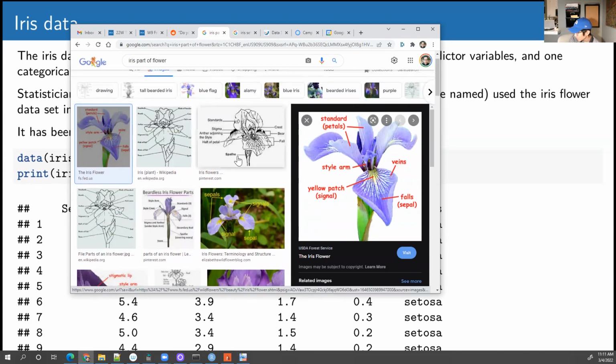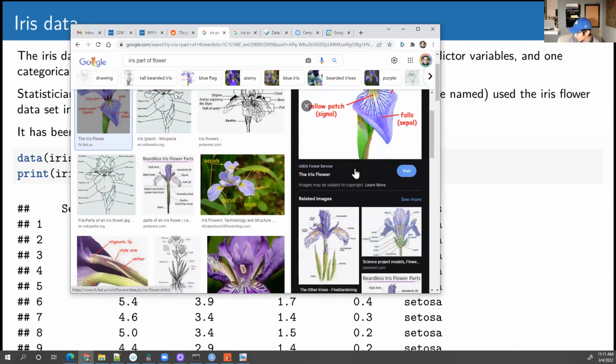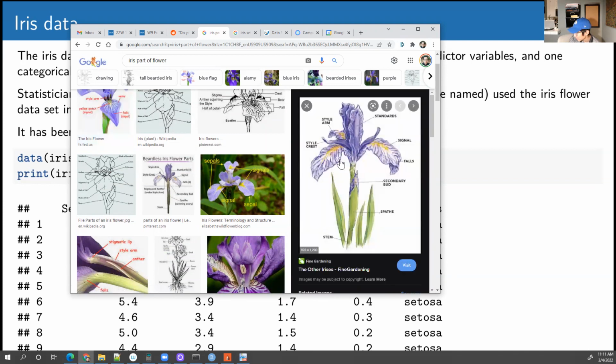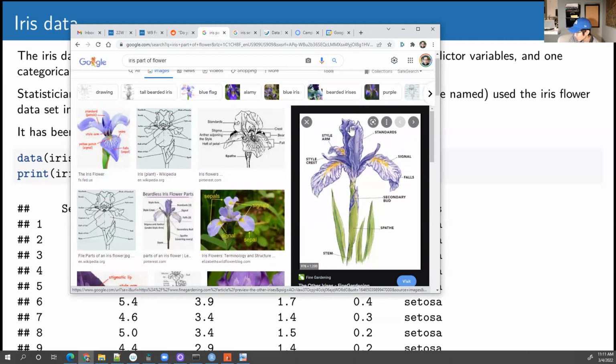The petals, or the standards, are kind of upright, and the parts that fall down are known as your sepals. For an iris, the falls are the sepals, and the standards, the petals, are the ones standing a little more upright.